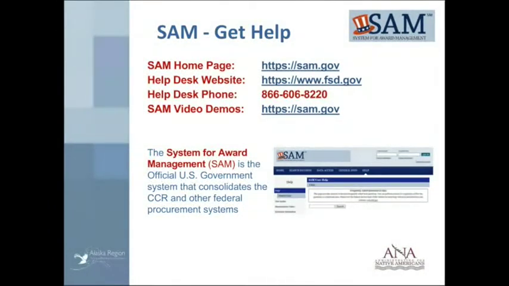So if you've never registered in SAM, you're going to want to register as a grantee for receiving grants. And there's a checklist. If you go to the help page here on the help desk website, they have some very straightforward, simple guides that will walk you through that process. So you want to look for the one for grantees.